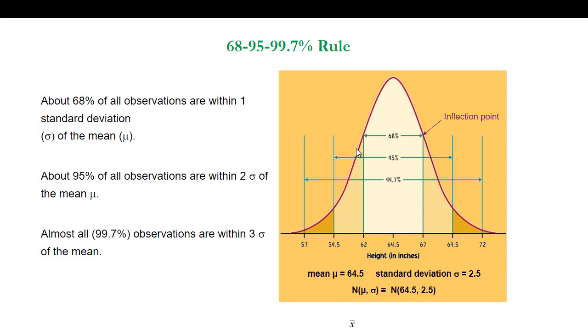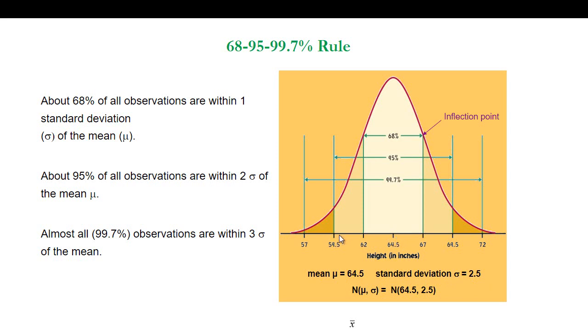And the 95% rule means that 95% of the area below the density curve will be within two standard deviations from the mean. So here again, if you think of x being height, and we assume that x is normally distributed with mean 64.5 and standard deviation 2.5, then 95% of the observations of height will be within two standard deviations from the mean.